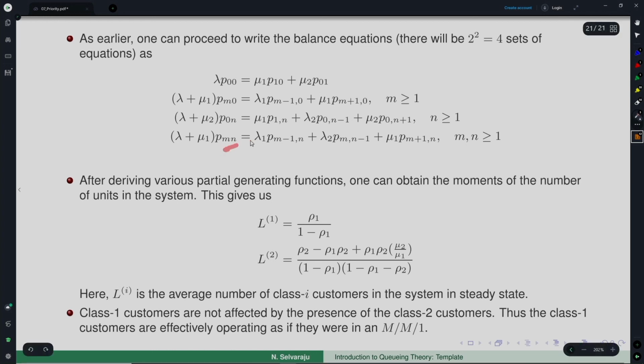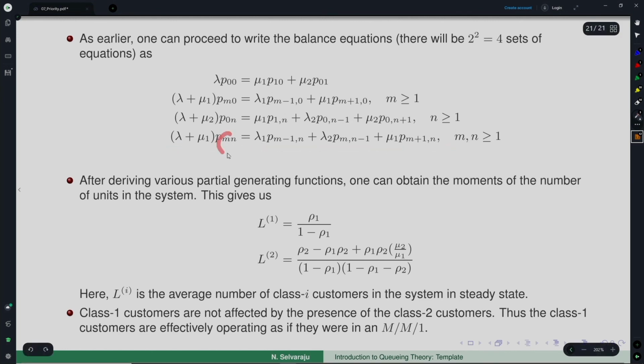So, if you look at the state (m,n) when both of them are greater than or equal to 1, obviously, whenever m is greater than or equal to 1, the customer who is in service is actually the priority 1 customer, that you have to keep in mind when you are writing it here.